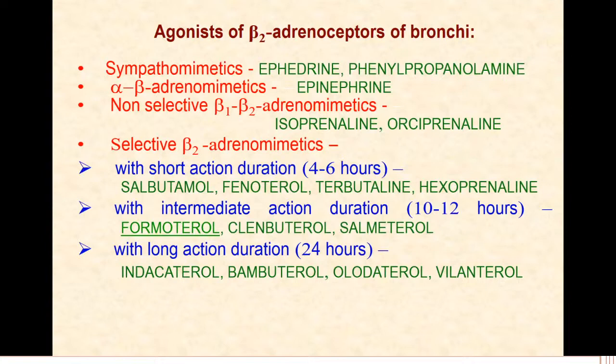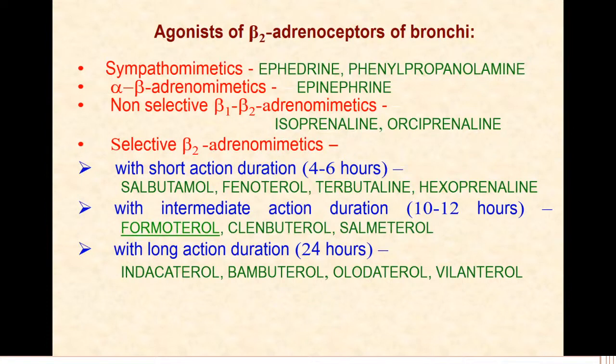And what can we say about isoprenaline or seprenaline? Maybe no need to memorize these drugs because we have more specific, more selective beta-2 mimetics. But no need to forget these drugs, isoprenaline or seprenaline.